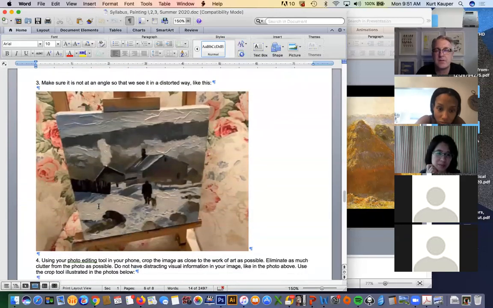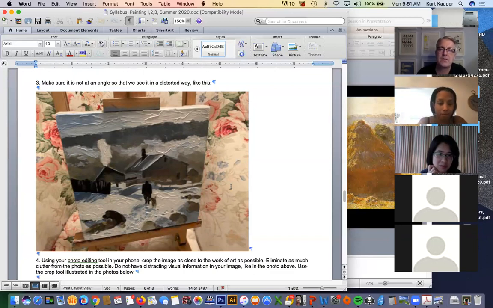The other thing to not do, and this is really important if I'm going to really be able to see the work you do in the painting, don't include this kind of clutter in the background. Like I don't want to see wallpaper. I don't want to see the contents of your desk. Not because anything's wrong with your wallpaper, obviously, but I want to just see your painting. I don't want to be distracted by unnecessary visual information.